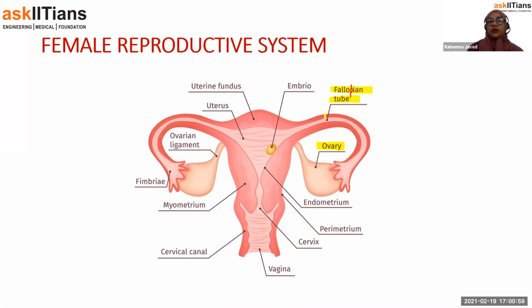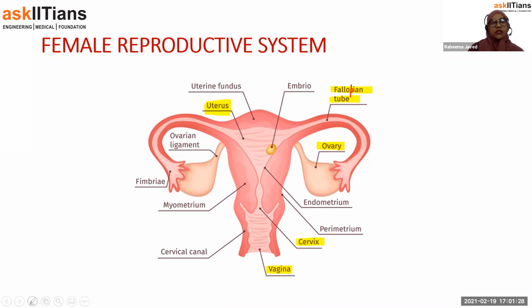One fallopian tube arises from the left ovary, one from the right ovary. Both of these fallopian tubes then enter into the uterus. Uterus is a large muscular organ, and then the uterus ends into the cervix, and the cervix ends into the vagina. These are the important parts of the female reproductive system.